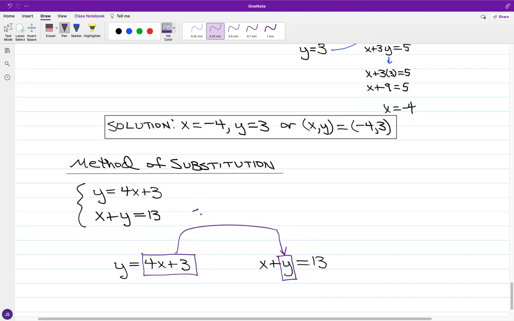So here, I can take the x expression that defines y and substitute for y in order to solve for x first of all. Substitute for y, solve for x.